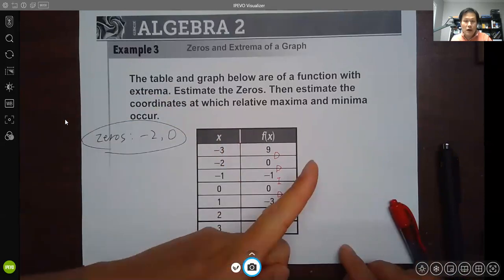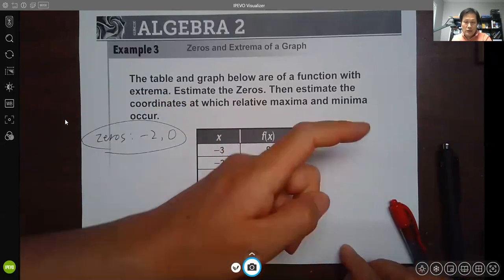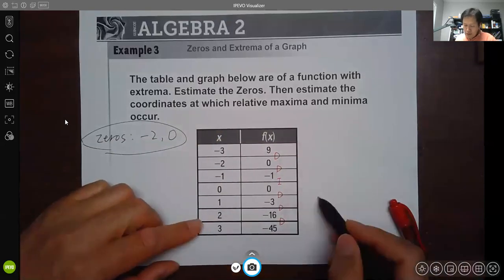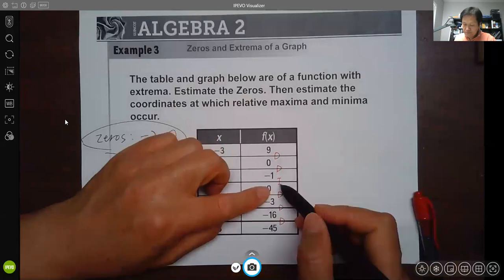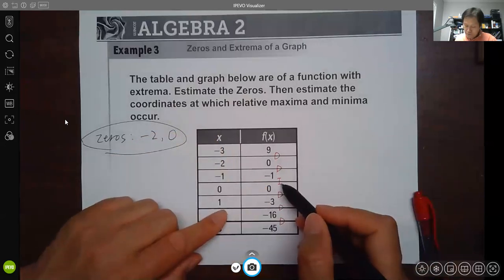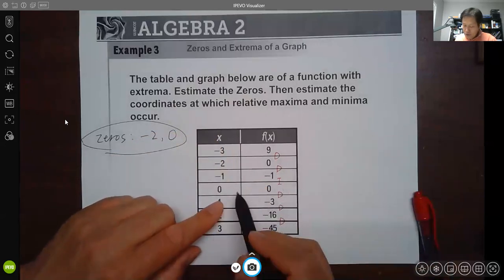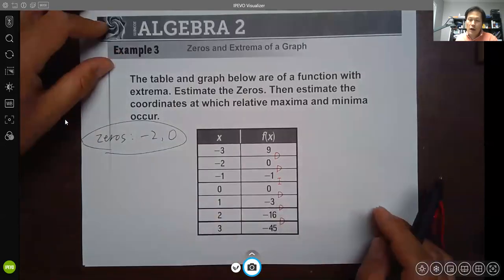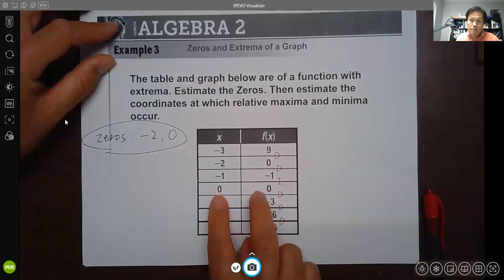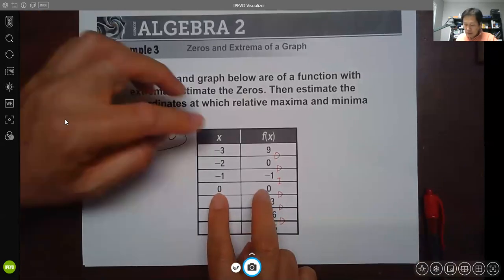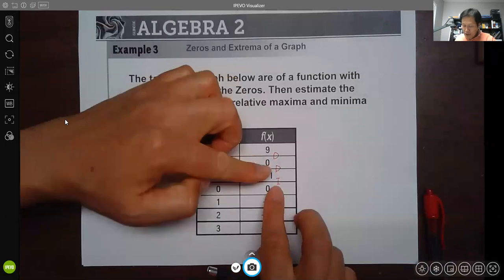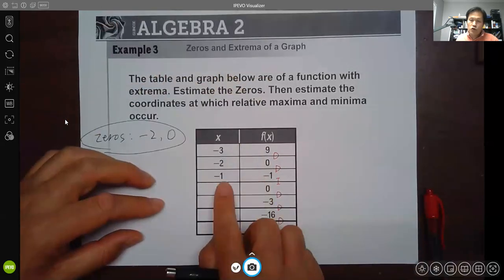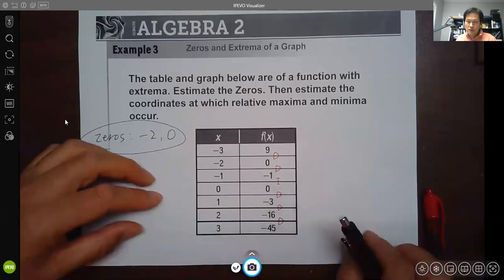An increase means it turns around. So at 0, 0 is somewhere you should have a relative maximum. It decreases and starts increasing right here, so minus 1 should be somewhere the minimum is.